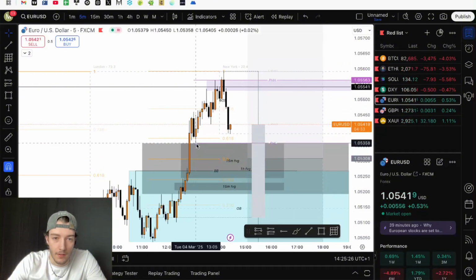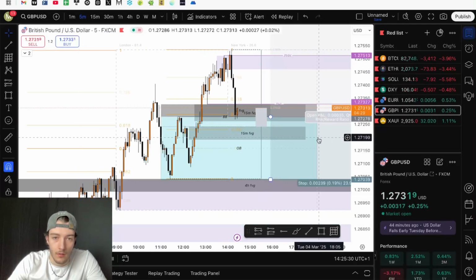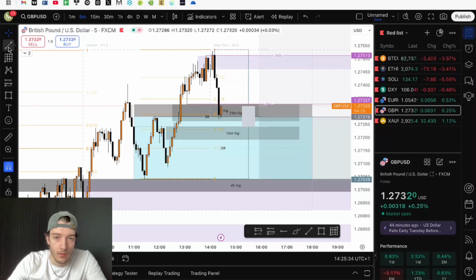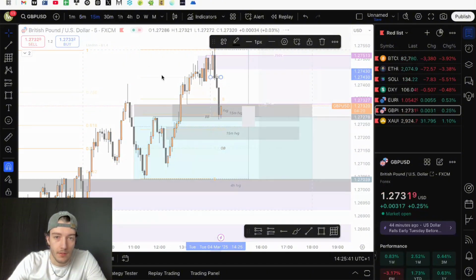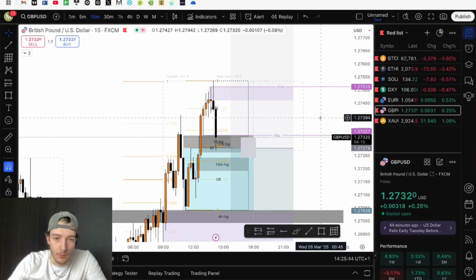We haven't even yet touched the previous hour low in euro. We also broke structure here on the 5-minute, and on the 15-minute we haven't broken structure yet.